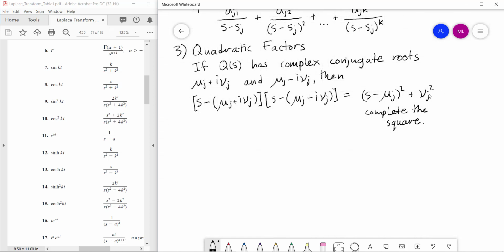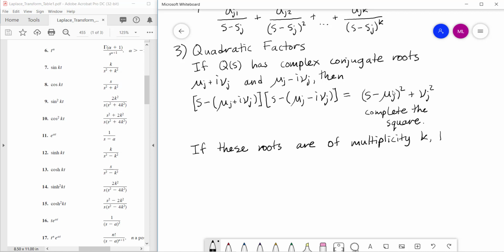But if these roots have some multiplicity, so they themselves are repeated. So if these roots, because it's a pair, are of multiplicity k. So basically you have a quadratic that's being squared or cubed.